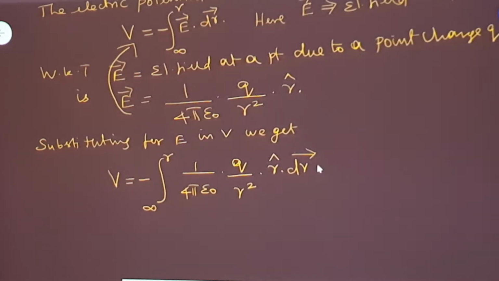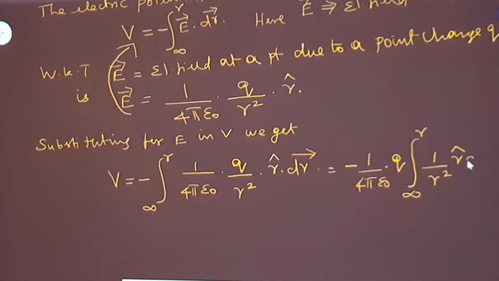Now we have to simplify. So in order to simplify, let us take the constant quantities which cannot be integrated out of the integration. So minus of 1 divided by 4 pi epsilon 0 and Q. Then integral from infinity to R, we can write 1 divided by R square R cap into dr vector.